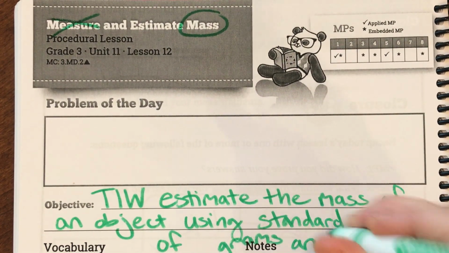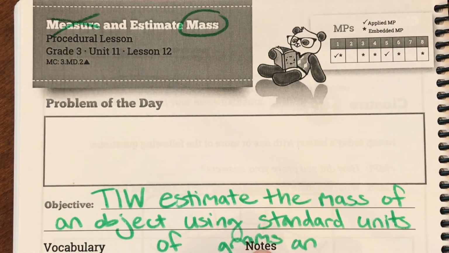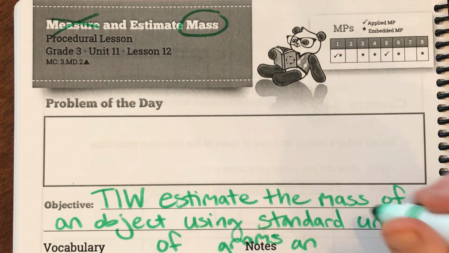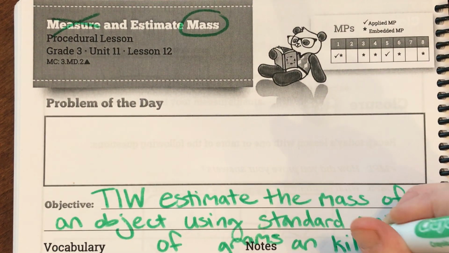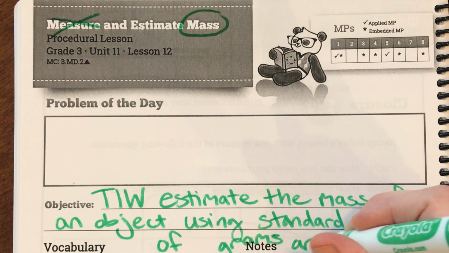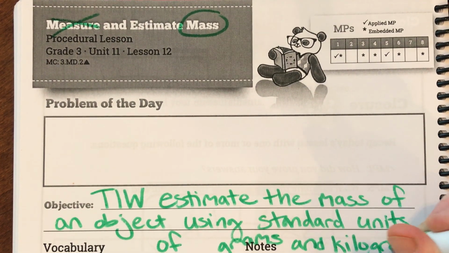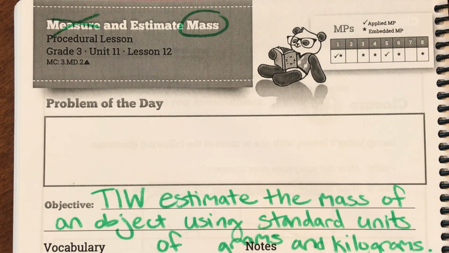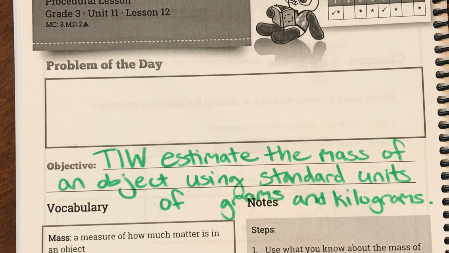Grams is G-R-A-M-S. Grams and kilograms. Oh, and kilograms. I'm making mistakes, boys and girls. I'm sorry. Okay. So our goal is today I will estimate the mass of an object using standard units of grams and kilograms.